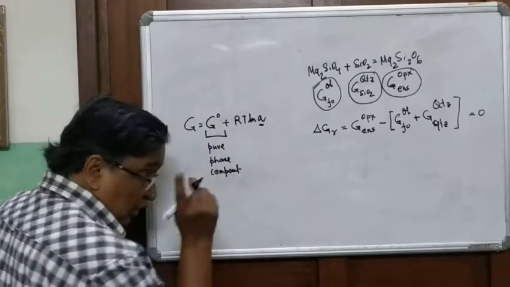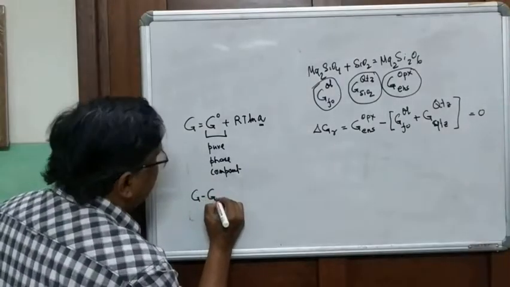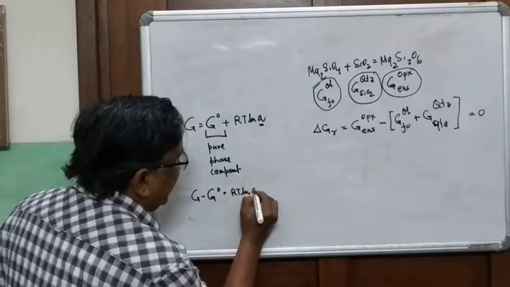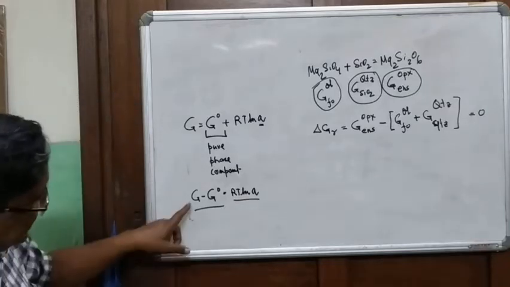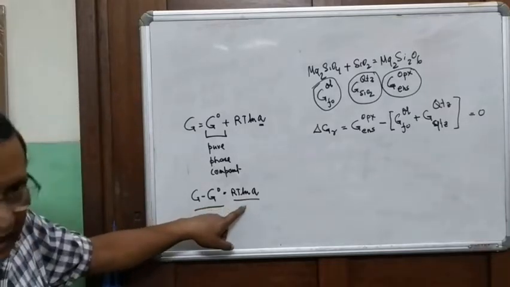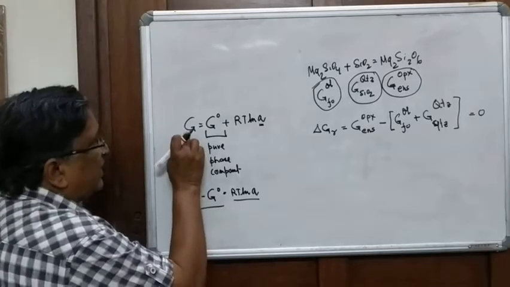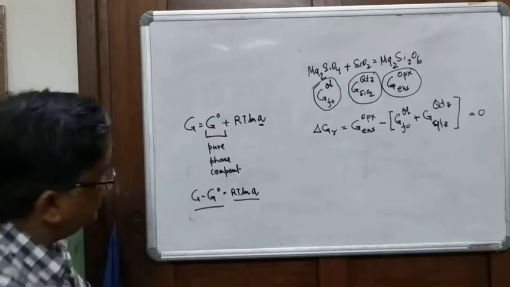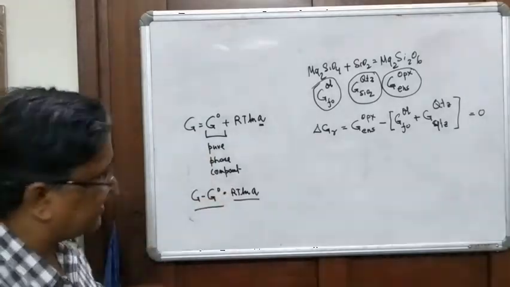Okay? It's also important, and this will come back here, G minus G0 is equal to RT ln activity. This is very interesting. So the difference between this G, what is this G? It is the total free energy of the phase component. What is G0? It is the free energy contribution of the pure phase component.